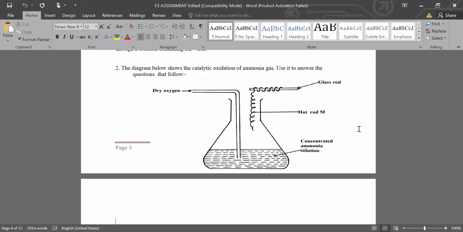The role of the platinum there, which I said M is platinum, is acting as a catalyst. And when ammonia is oxidized in presence of a catalyst, it forms nitrogen 2 oxide, and the other product is water.